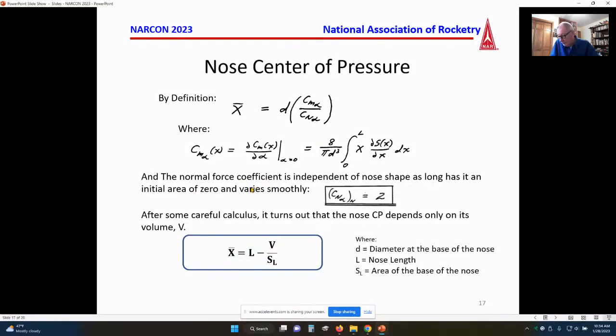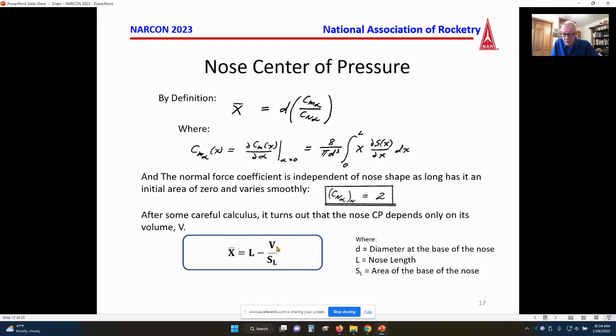My analysis is available if you want to try and dig out why that's true, but fortunately, it's fairly straightforward. To get the location of the center of pressure of a nose cone, you take the volume divided by the base area of the nose cone and subtract that from the length of the nose cone.